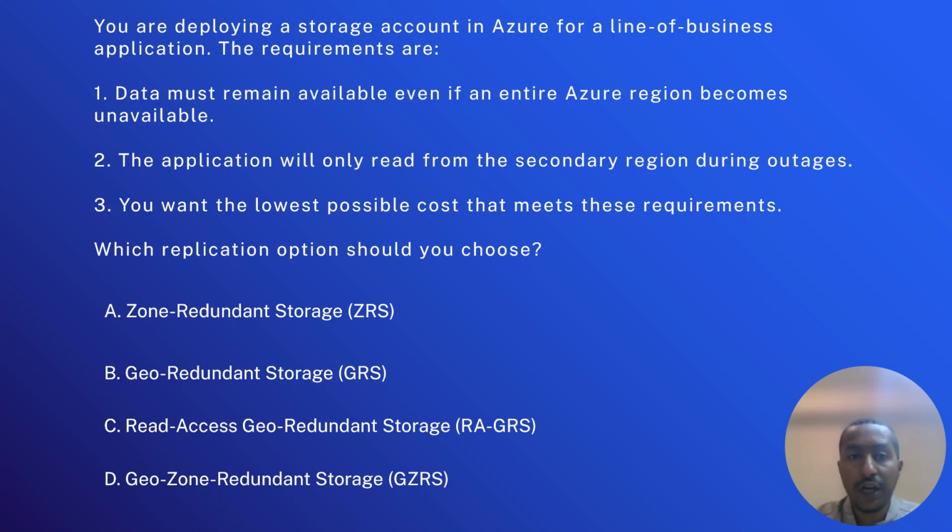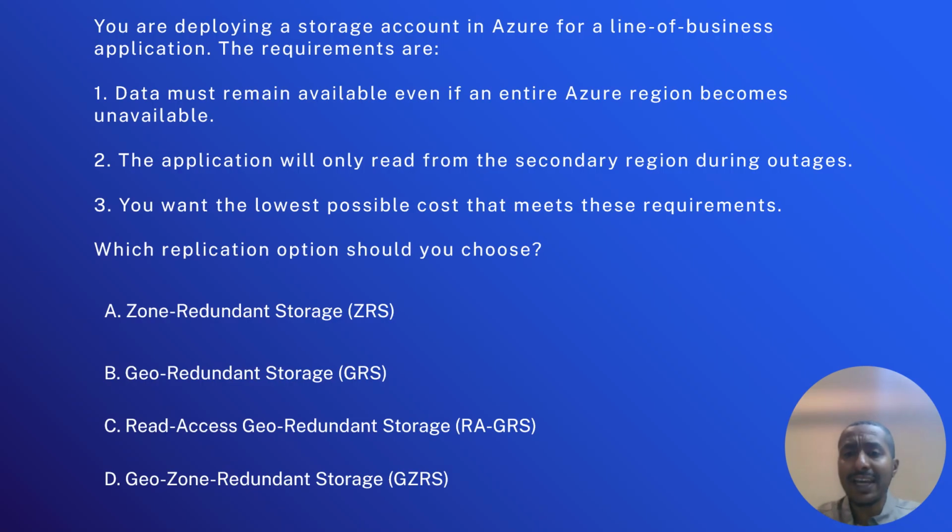Option B, GRS. GRS replicates data asynchronously to a secondary Azure region hundreds of miles away, and that gives protection against full regional outage, which matches the scenario. But before assigning this as the correct answer, let's remember that the secondary region is not readable by default.